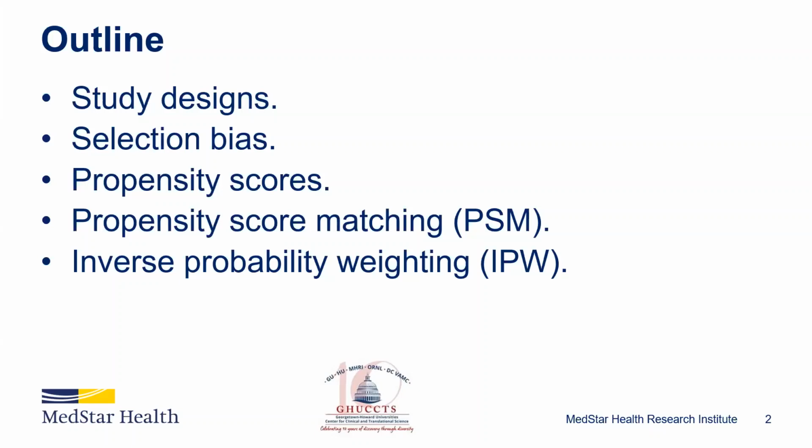The first one being propensity score matching, and then the second one being what's known as inverse probability weighting, where we use the inverse of the propensity score.